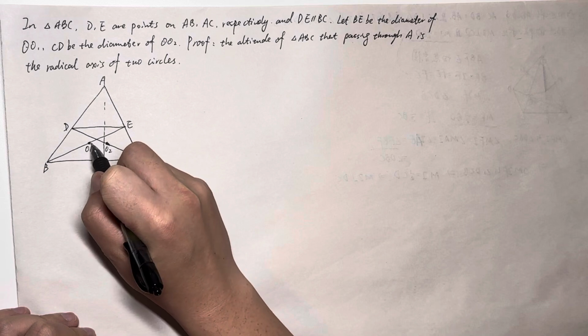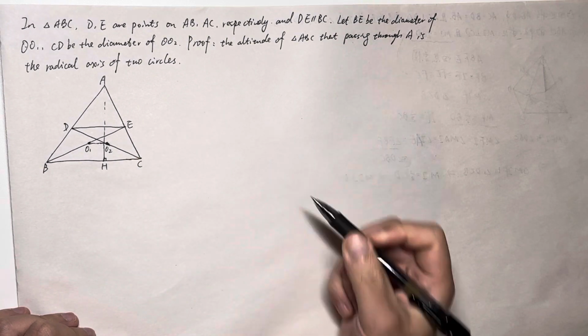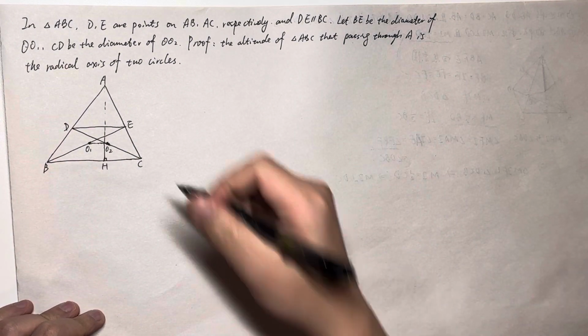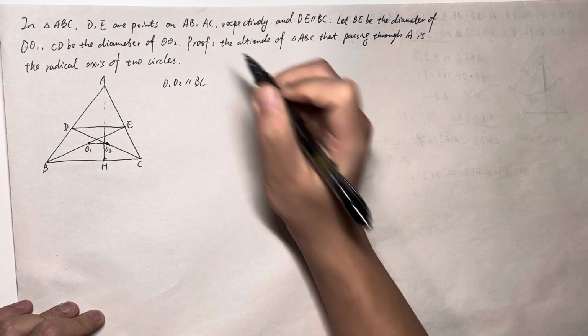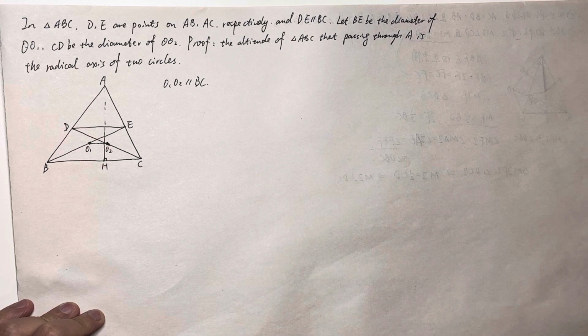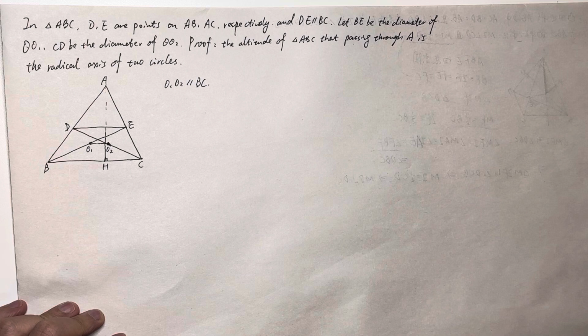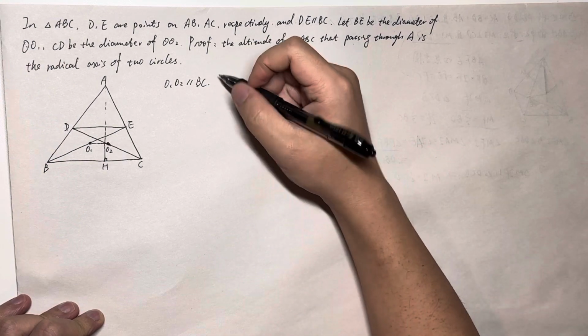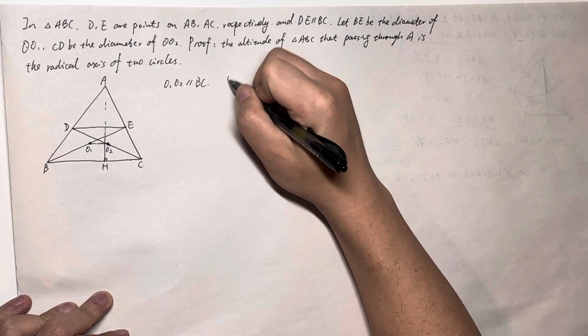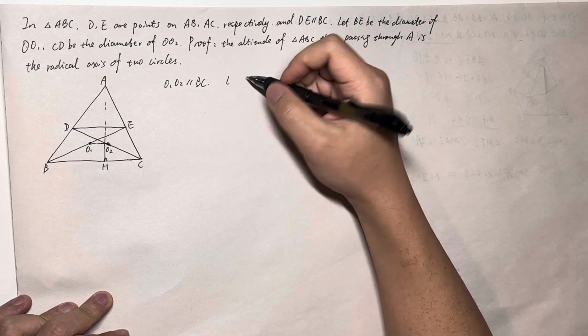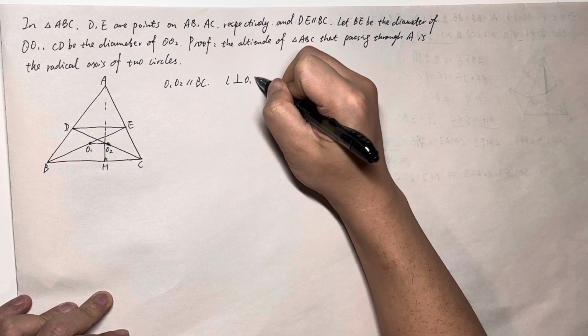If we connect O1 to O2, it's obvious that O1O2 is parallel with BC. And we already know that the radical axis is perpendicular to the line connecting the centers of two circles, which means that the radical axis, let's use L to represent it, must be perpendicular to O1O2.